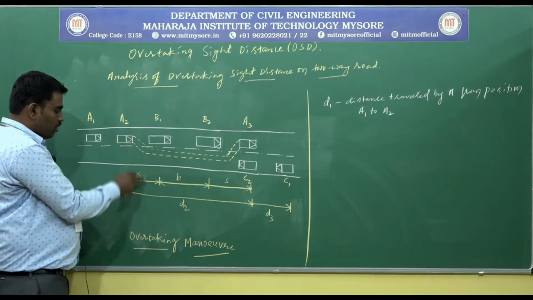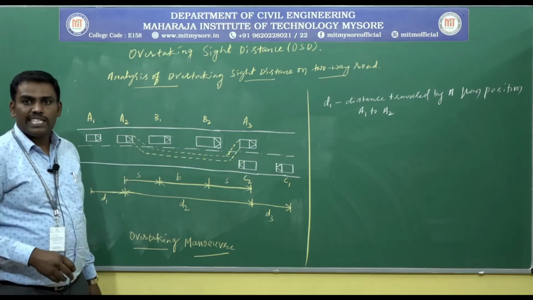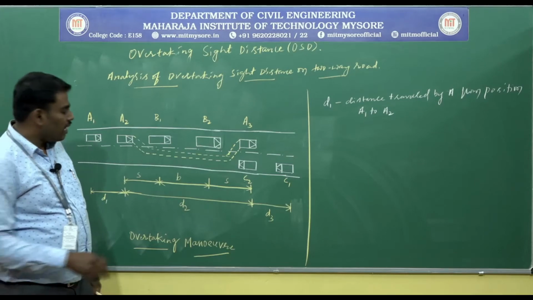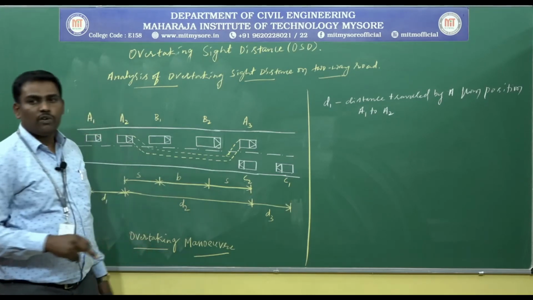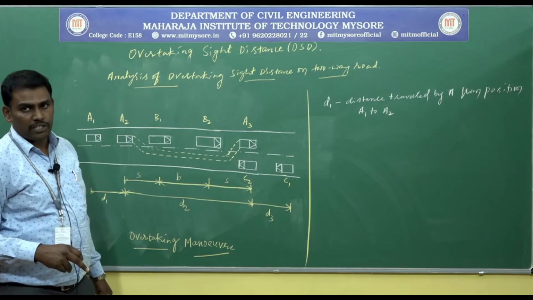Here S is the spacing between the overtaken vehicle and overtaking vehicle and B is the distance travelled by the overtaken vehicle during overtaking operation.